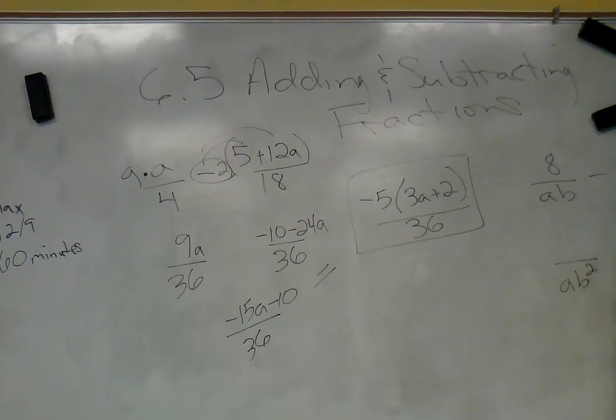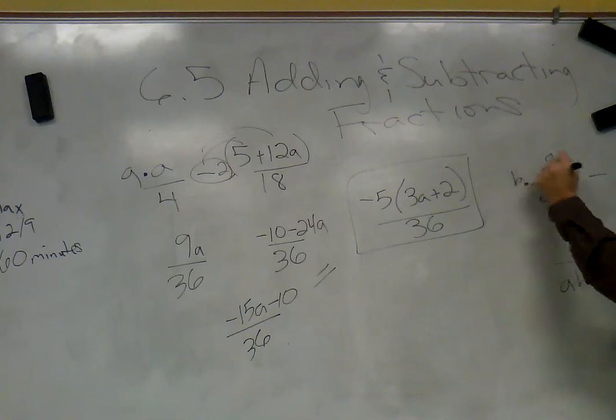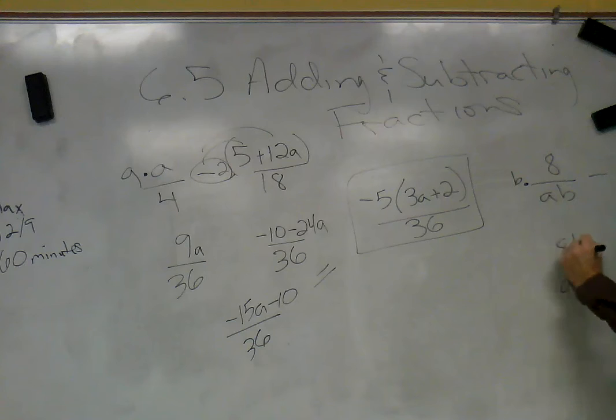B. So if we were to make them both A, B squared, we would times by B. So 8 times B is 8B. That one's -6. So 8B minus 6. Again, we could then factor out a 2 over B minus 3. Either of these would be perfectly acceptable. Again, the reason to factor that out is just in case there is something down here you can factor, and it kind of tells us for sure if we can simplify.